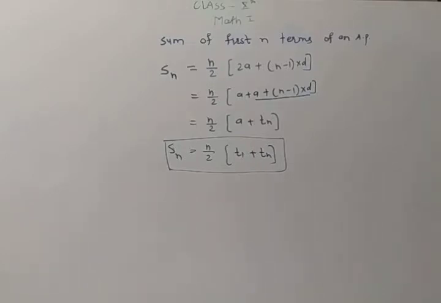Therefore, S27 equals 27 by 2 into (12 plus (27 minus 1) into 3), which equals 27 by 2 into 90. Solving this bracket, the answer is 90, and half of 90 is 45. 27 into 45 equals 1215. This is Sn.